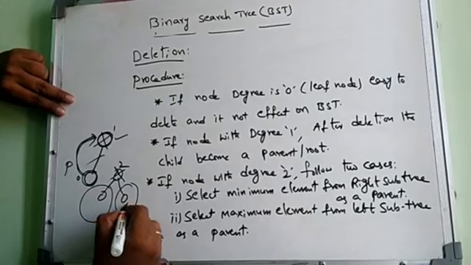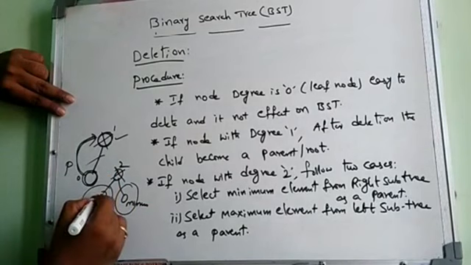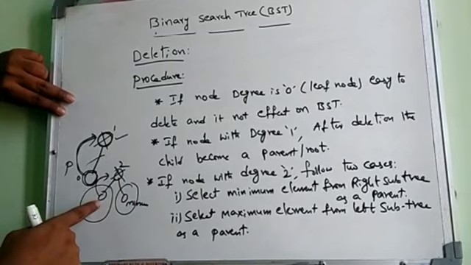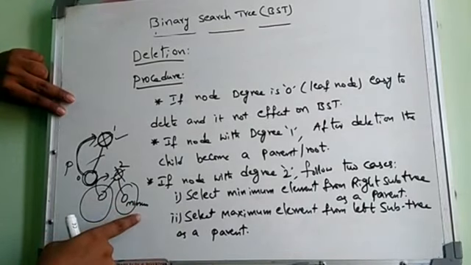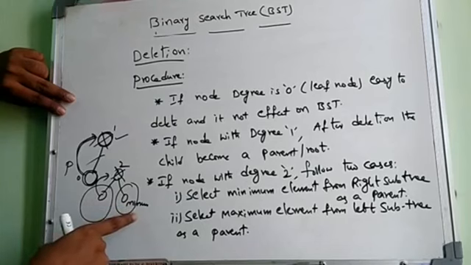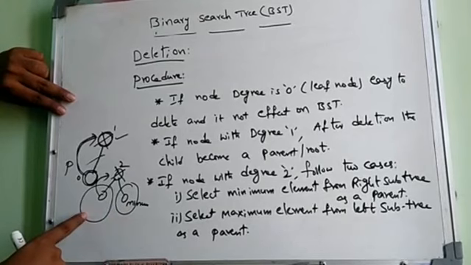You can take the minimum element from the right subtree, or the maximum element from the left subtree; that is your wish. If you want to make the right node the parent, take the minimum element and make it the parent. For the left side, select the maximum element and take it as the parent. That is according to your way of constructing the binary search tree. Either take the minimum of the right subtree or the maximum of the left subtree. You can take any node.